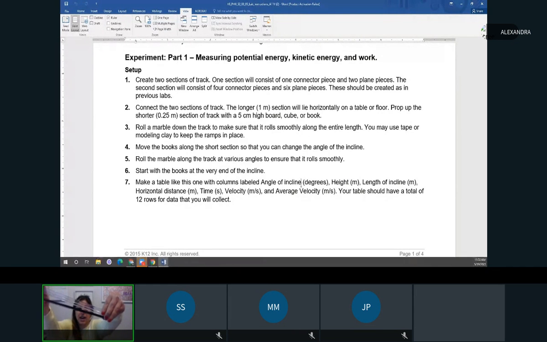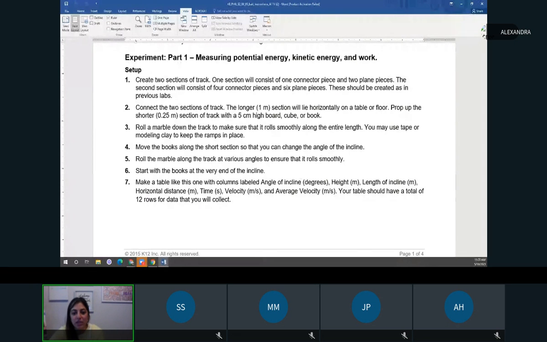I'm going to need a protractor to measure that, which is right here.